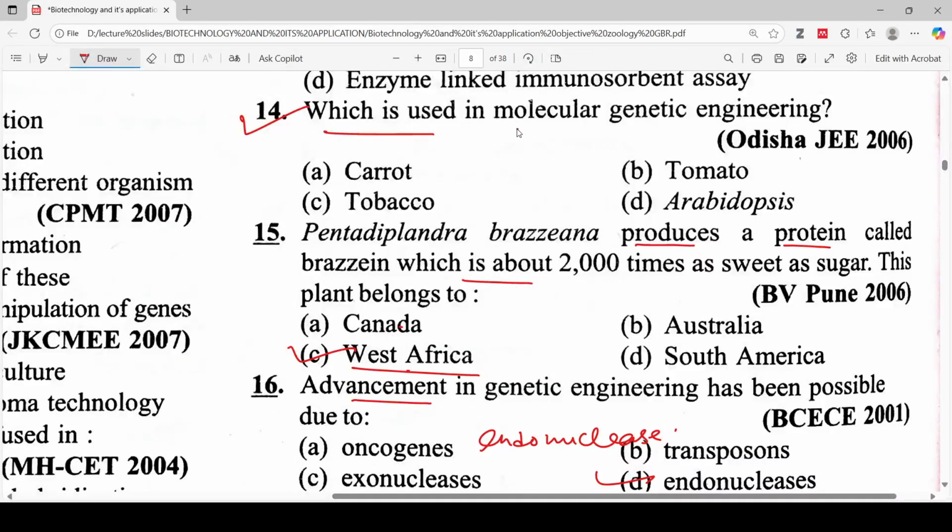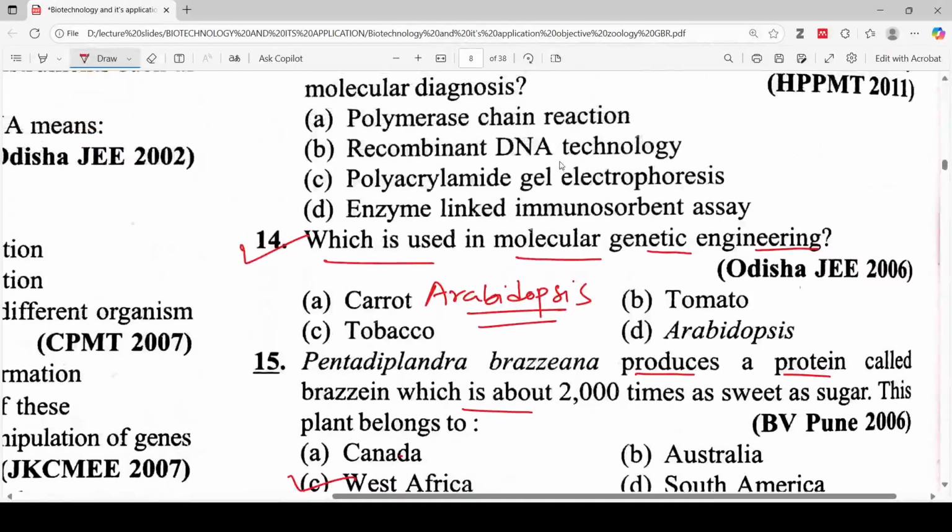Next question. Which is used in molecular genetic engineering? Option A, carrot; option B, tomato; option C, tobacco; option D, Arabidopsis. So the correct answer is Arabidopsis.